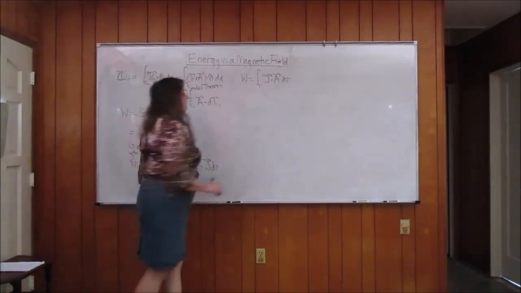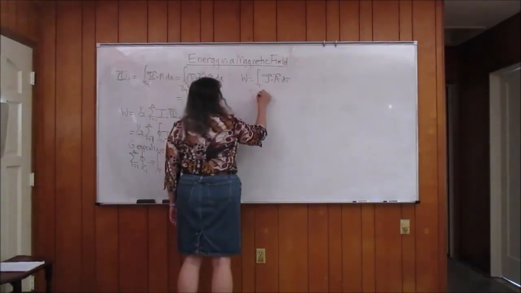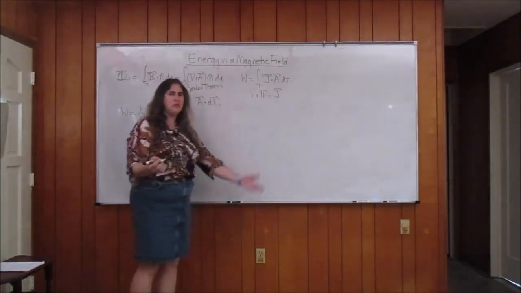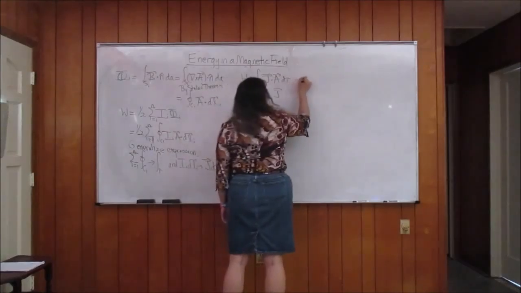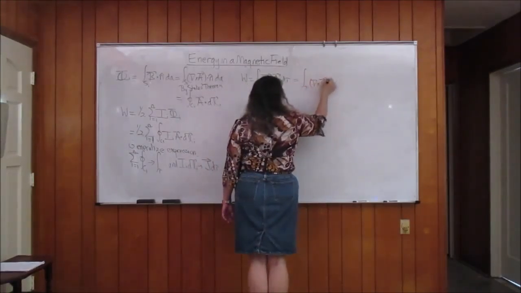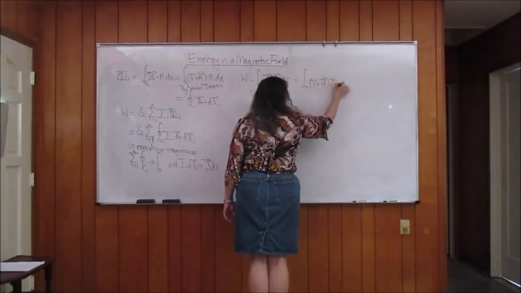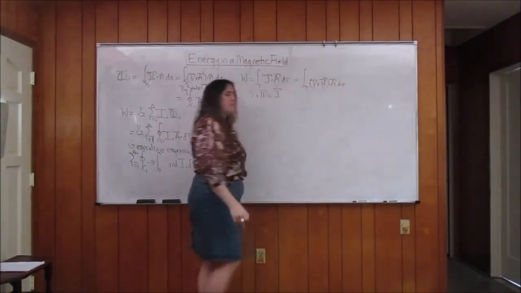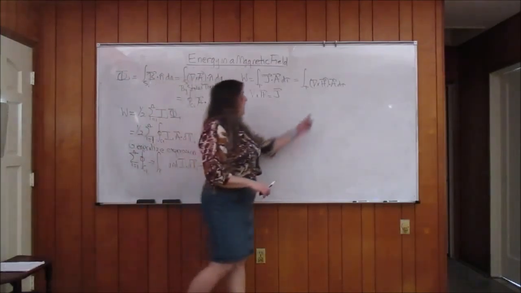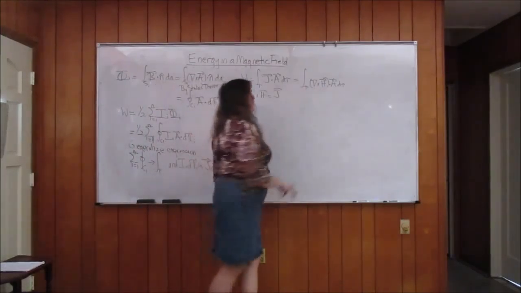This still isn't a useful expression for me, so I'm going to do a little bit more manipulation. I'm going to make use of the fact that the curl of H field is just equal to the volume current density. Because I'd rather have this expressed in terms of the magnetic field as opposed to the vector potential, I'm going to use a vector identity to get there.